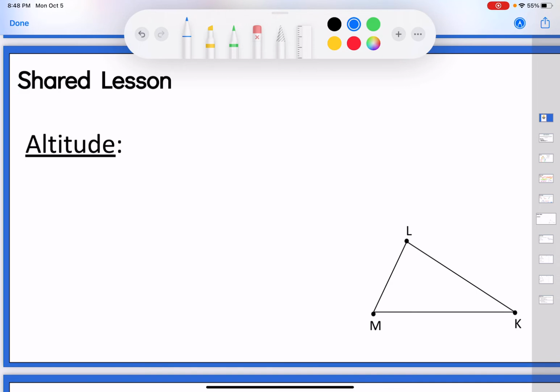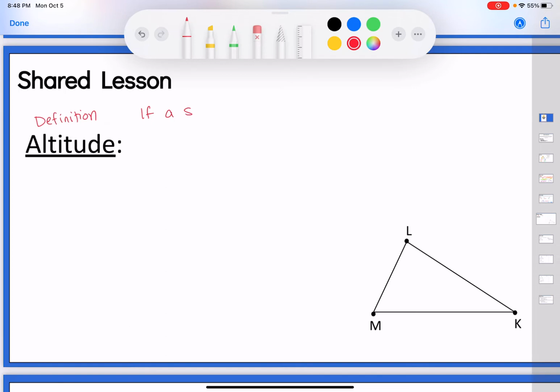Altitude now is the second one that we have. So median, you think of the middle of a road, right, with the grass and the trees going down the middle. Altitude, you think height, right? And whenever you think about height, you think straight up and down, forming right angles. So the definition of an altitude, I'll leave a little more space here on this one.